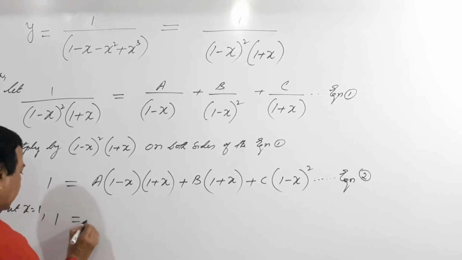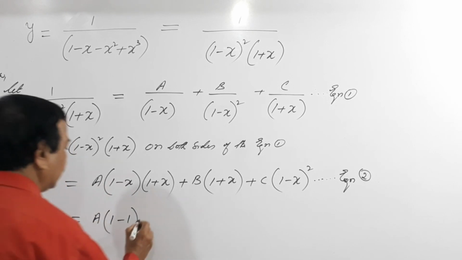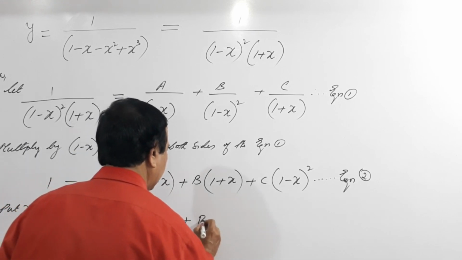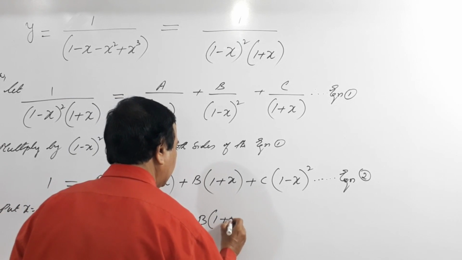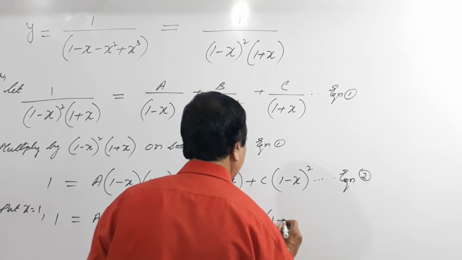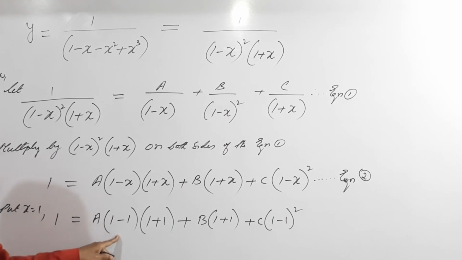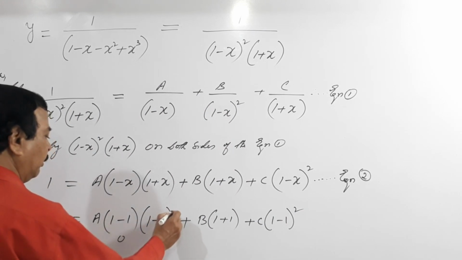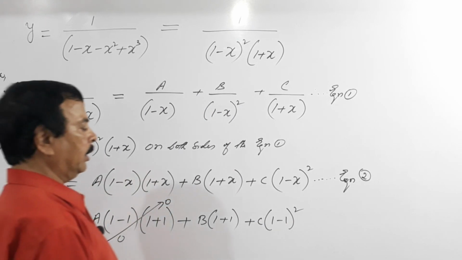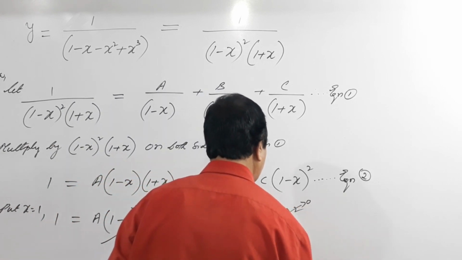So left hand side 1 equals a into (1 minus 1) into (1 plus 1), plus b into (1 plus 1), plus c into (1 minus 1) the whole square. What happens here? 1 minus 1 is 0. So 0 into this, the entire portion becomes 0. And here 1 minus 1 is again 0. So this also becomes 0.